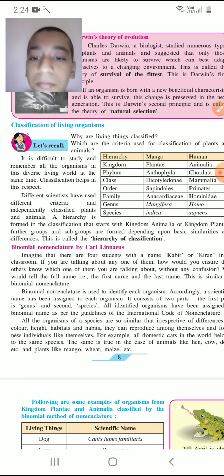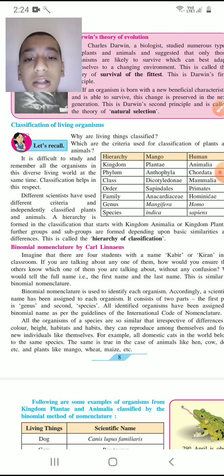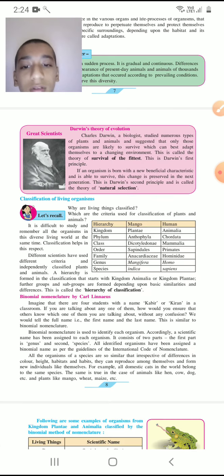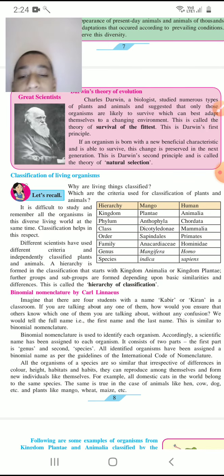Binomial nomenclature by Carl Linnaeus. Imagine that there are two students with the names Kabir and Kiran in a classroom.